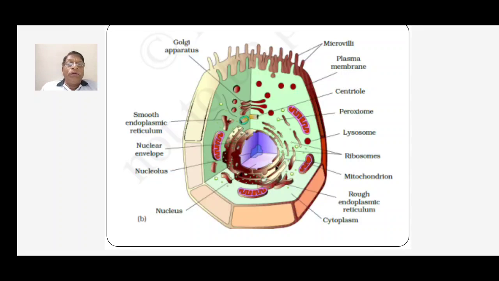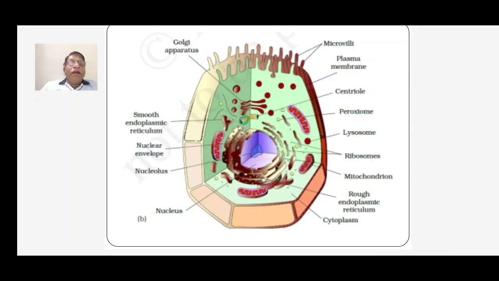This is also the ultrastructure of the animal cell. You must practice the diagram, very important. In the examination, we may ask the plant cell or animal cell: draw a neat labeled diagram of the ultrastructure of a plant or animal cell.